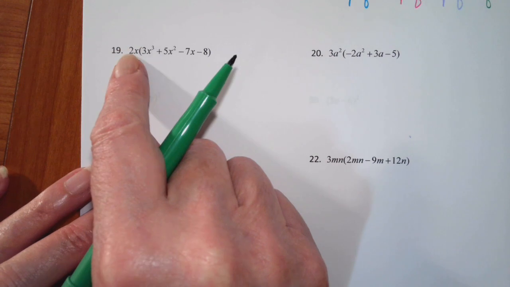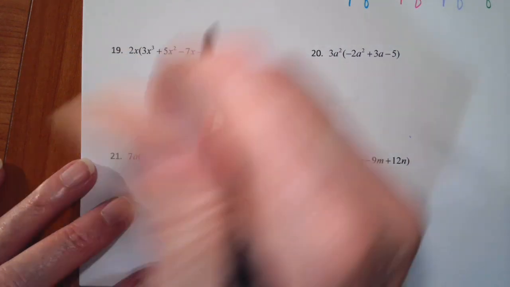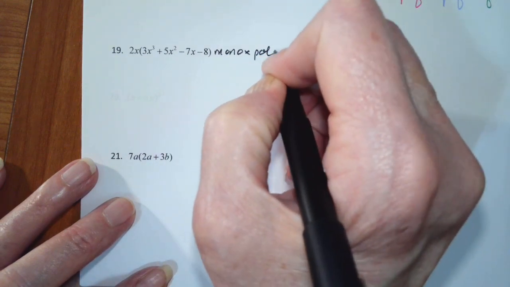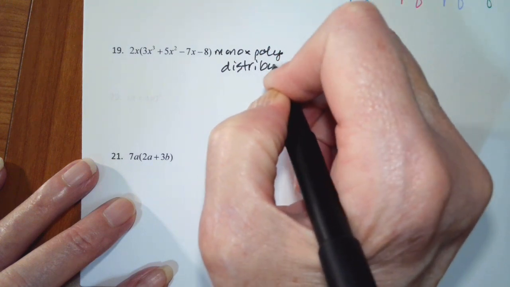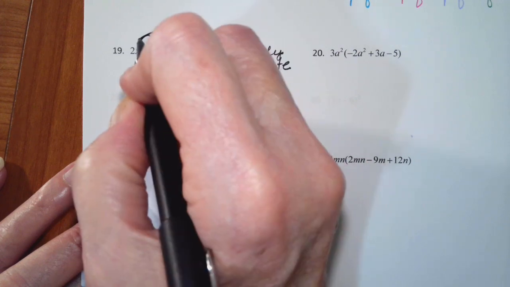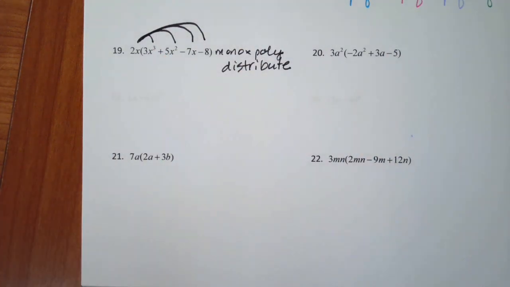All right, if I have a monomial times a polynomial, if I have a mono times a poly, that just means distribute. So I'm going to multiply each term by what's outside.